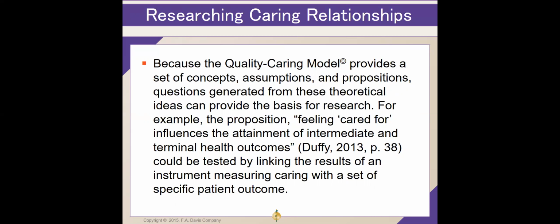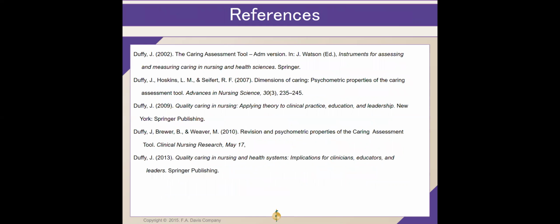So you could test this with research by linking the results of an instrument measuring caring with a set of specific patient outcomes, such as in the case of this congestive heart failure, you could link it with readmission rates and other outcome for CHF management.